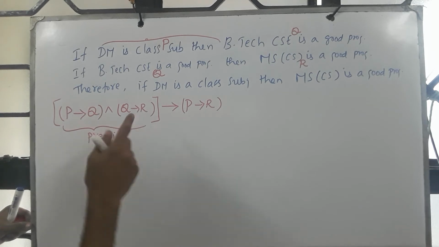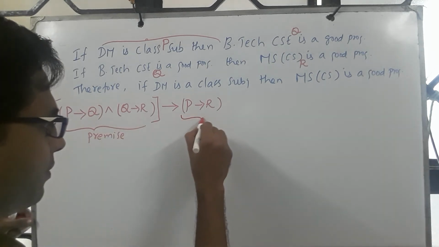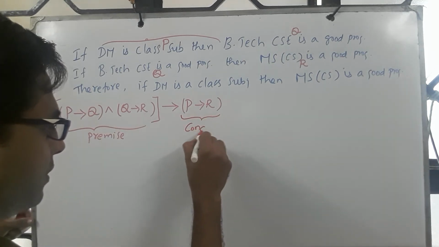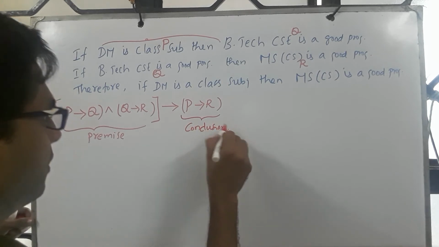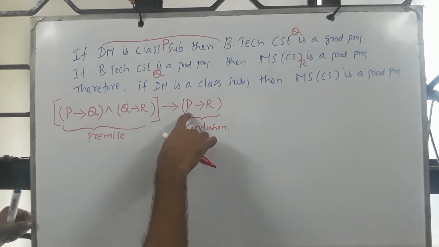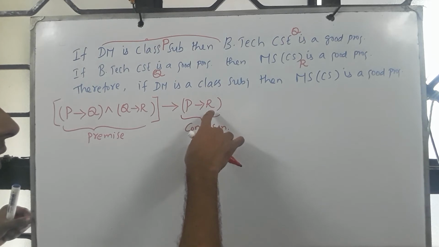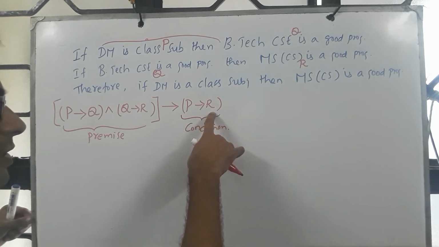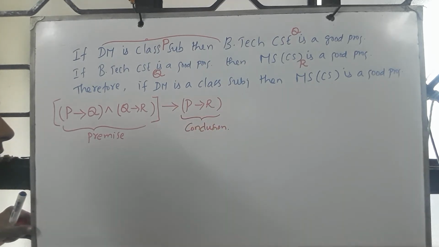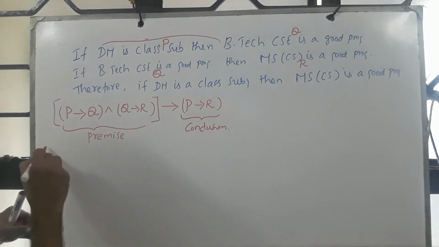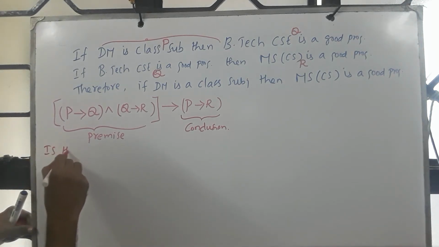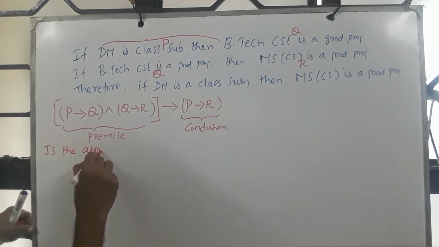This part is done. Then the conclusion starts. Conclusion says, if DM is a classical subject, then MS in CS is a good program. So we want to know, is the above argument valid?